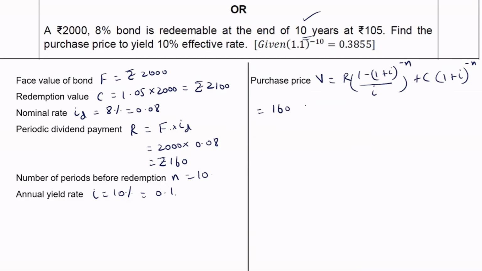R is 160, 1 minus 1 plus 0.1 the whole raised to minus 10 upon 0.1, plus C is 2100 into 1 plus 0.1 the whole raised to minus 10.